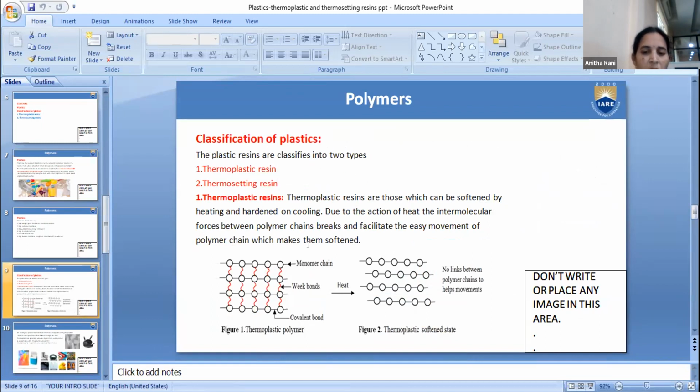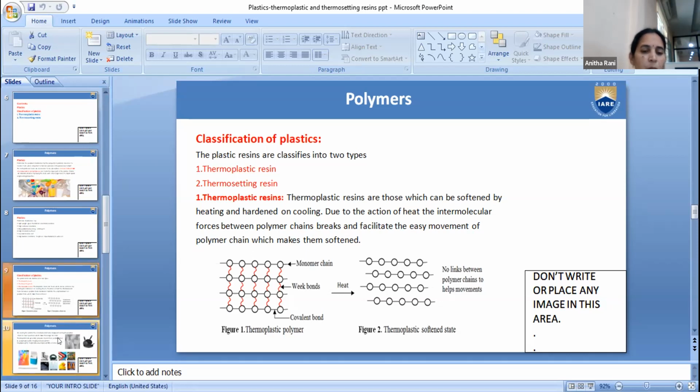The material becomes soft on heating because of the weak bonds between the polymer chains. The bonds break very easily, facilitating easy movement of the polymer chains, so we get a soft material and can make it into any desired shape.